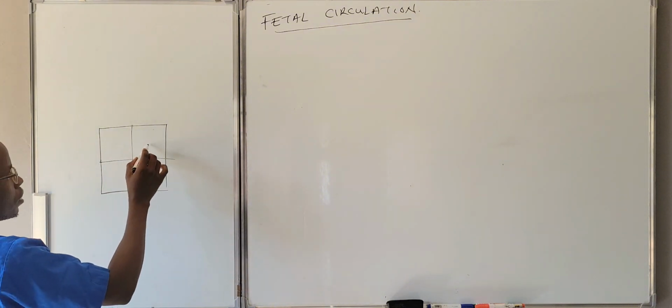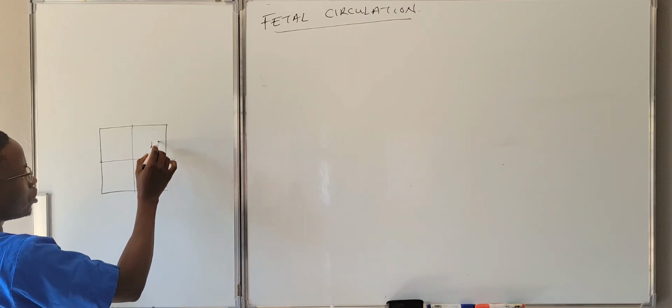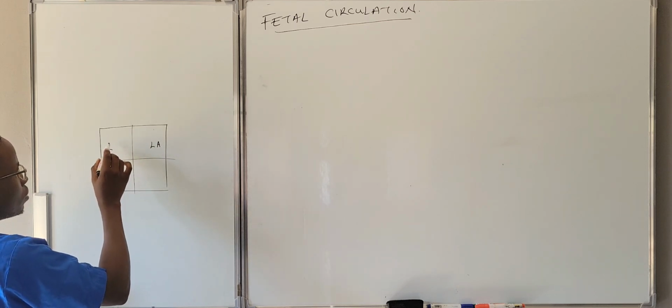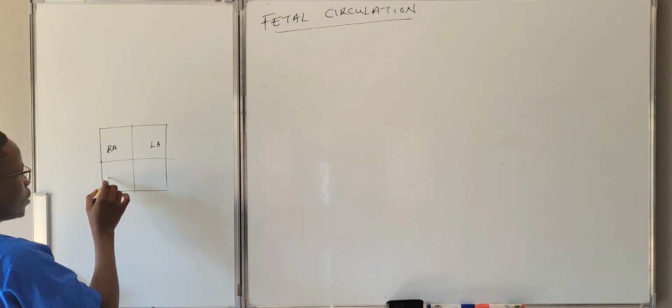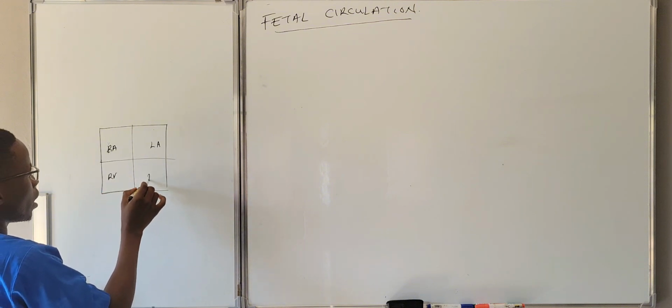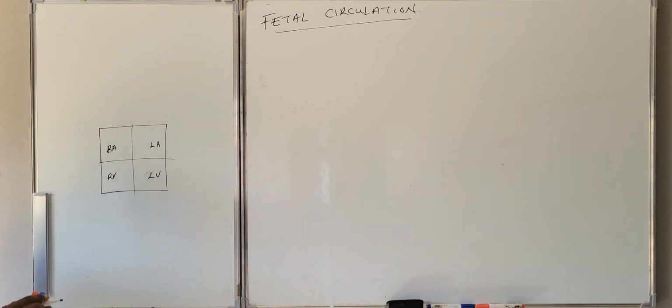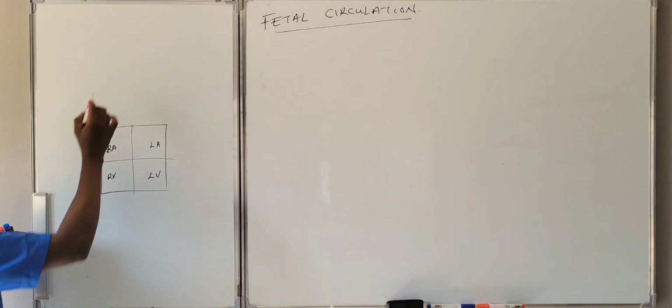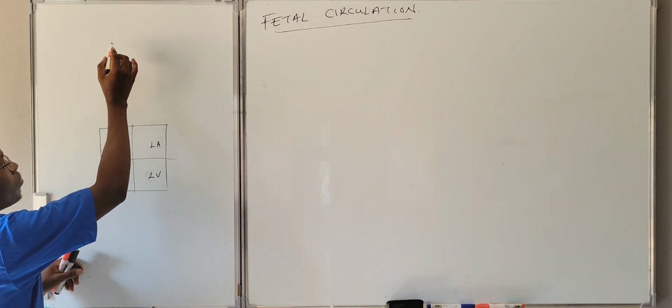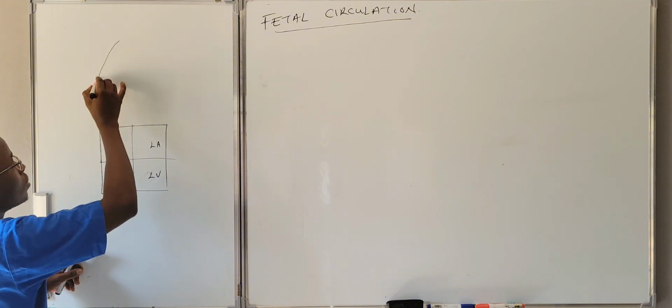So let's say this is the left atrium. This is the right atrium. This is the right ventricle and the left ventricle. Okay. So now we have the lungs here.